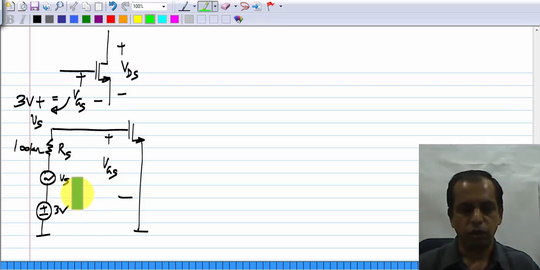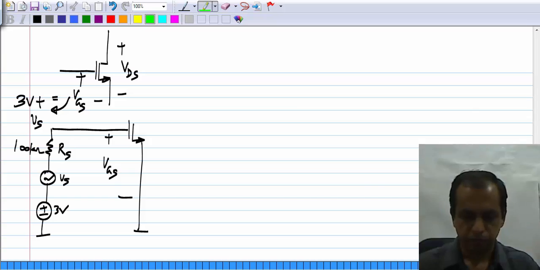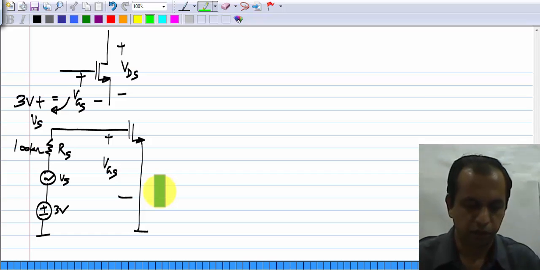Okay. So, I hope you are all convinced that this gives you an operating point VGS of 3 volts, and incrementally it resembles the bottom picture on the input side. Okay. Because this 3 volt is fixed. So, its increment is 0. So, it becomes a short circuit. You will have Vs and Rs between the gate and source. Okay.